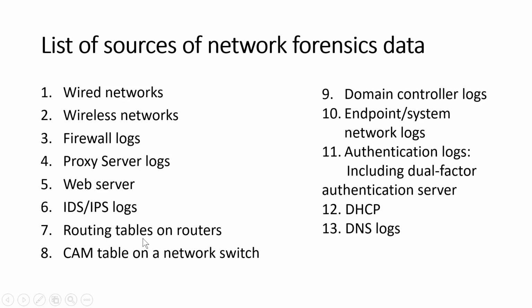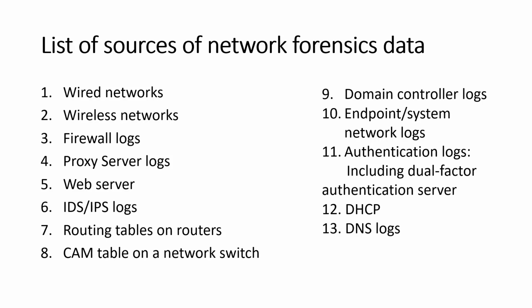Similarly, you can have routing tables on routers. That is also a lot of information: what are the networks to which this is connected? The CAM table is at a lower level. Routers are used for routing packets from one network to another. That is at the network level, as you will be aware.